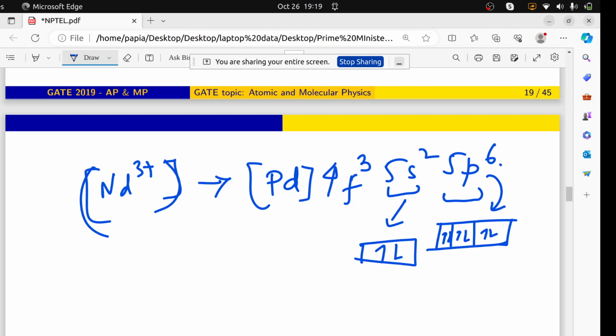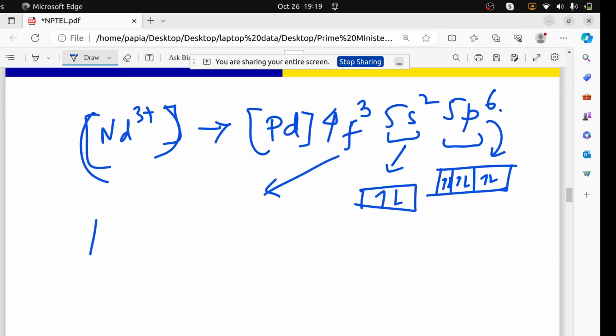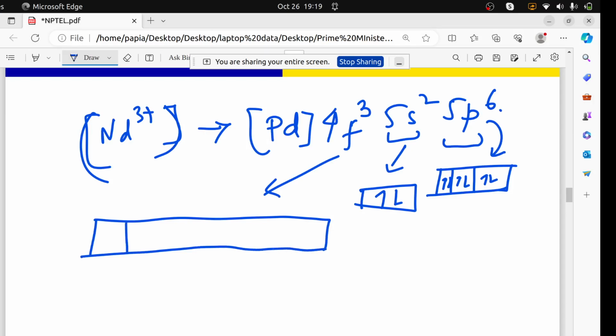But the main unfilled thing is here. For f, there will be 7 columns: 1, 2, 3, 1, 2, 3, 4, 5, 6, 7.